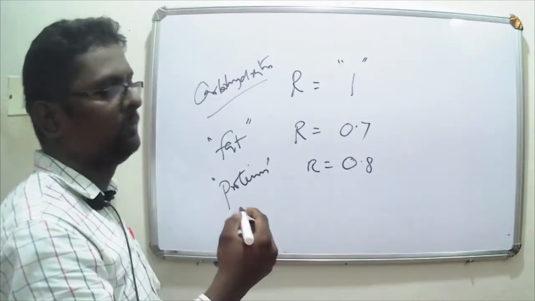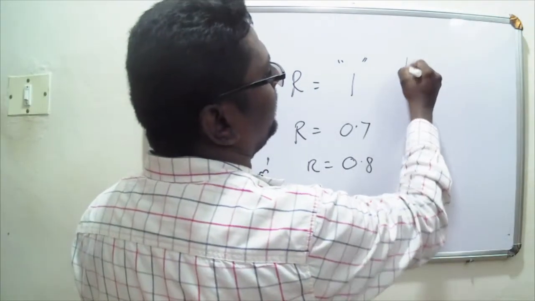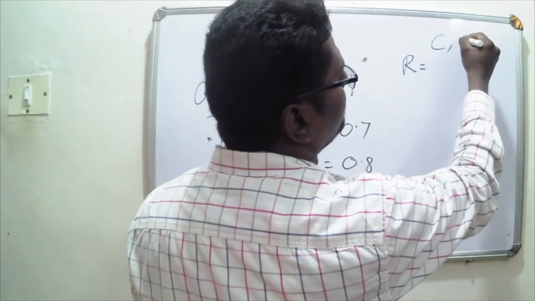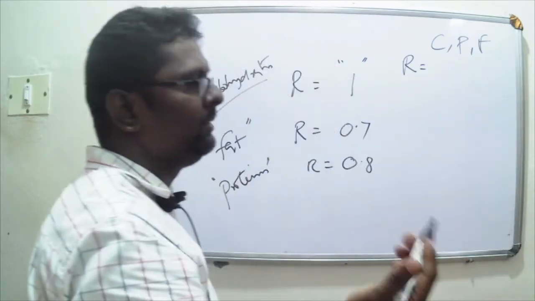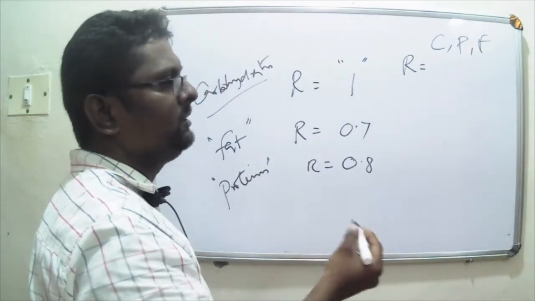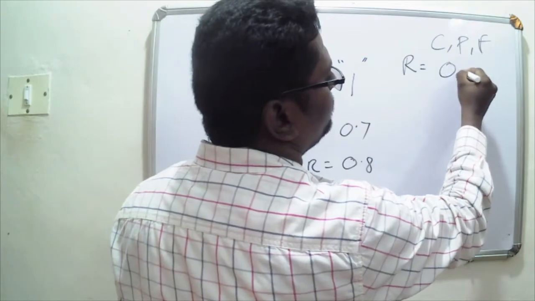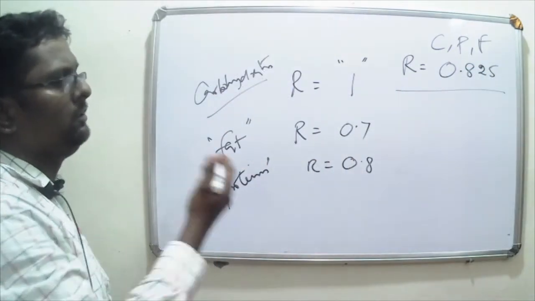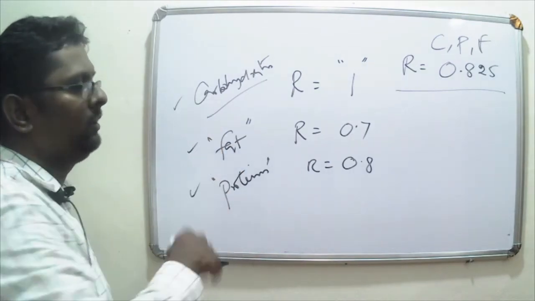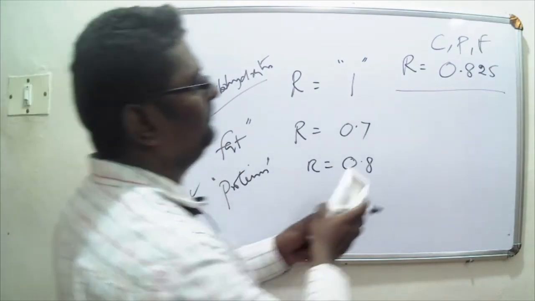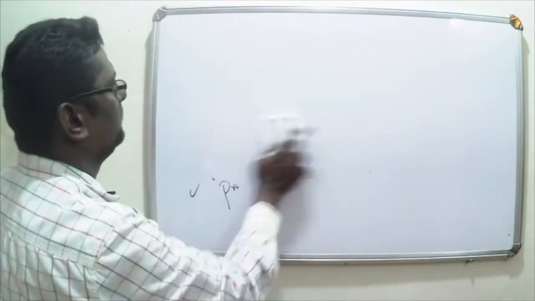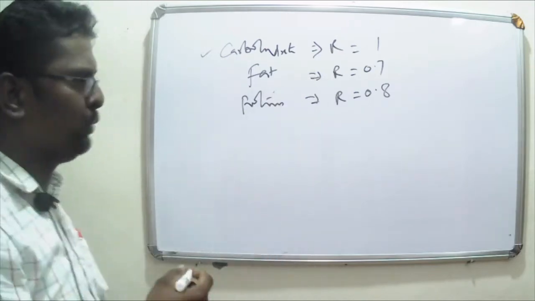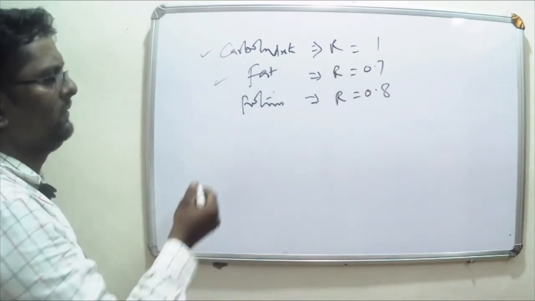For a balanced diet, when carbohydrates, proteins and fats are all being utilized for energy, we get an R value of 0.825. So these are the values we get for different foodstuff metabolism.